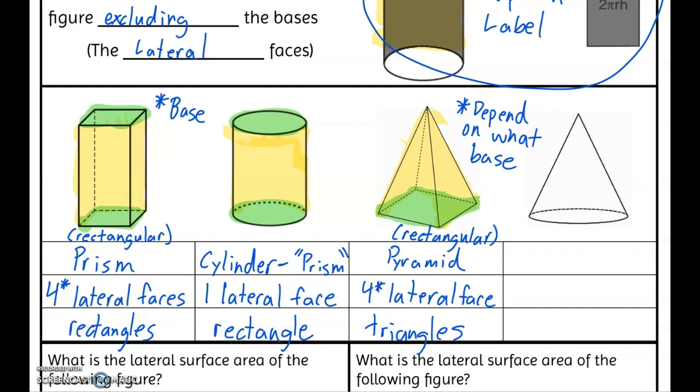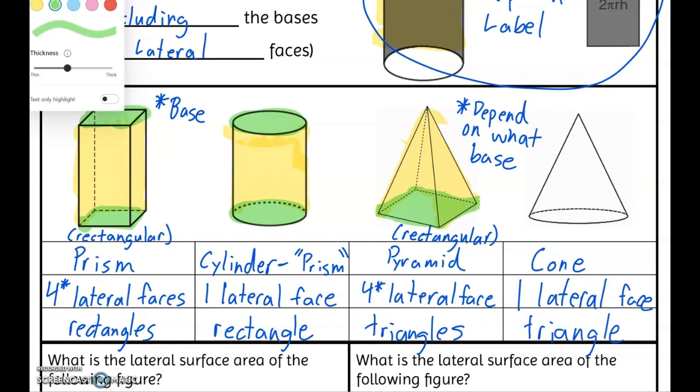Okay, last one here. This is a cone. Again, this one only has one lateral face, kind of like the cylinder. And, like my pyramid, the lateral face is a triangle.